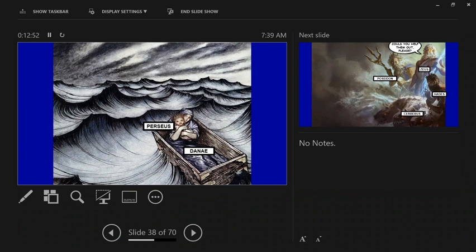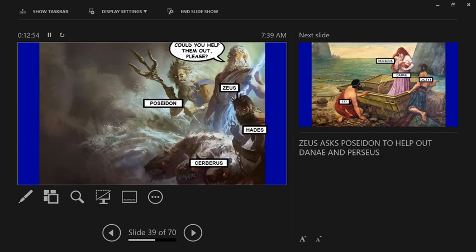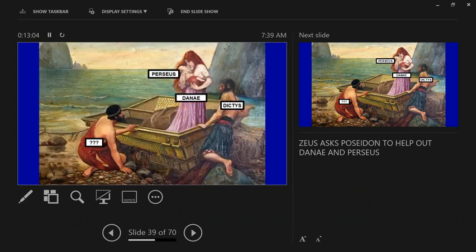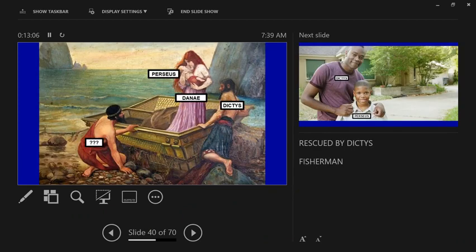But Zeus loves his son Perseus, and he says to his brother Poseidon, "Hey, can you help out Diana and Perseus?" And so Poseidon is able to lead the small craft to a shore where they are found by this fisherman named Dictys. Dictys is a good guy.